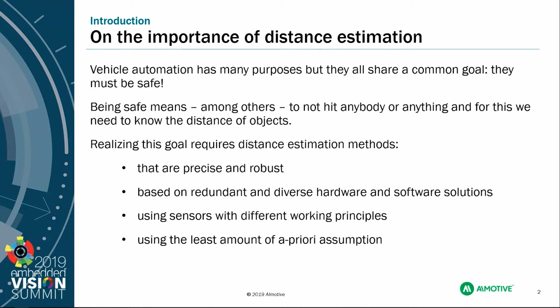What I'm going to present now is a kind of toolkit that anyone can use to build up a distance estimation method suitable and safe enough, precise and robust enough for a specific use case.